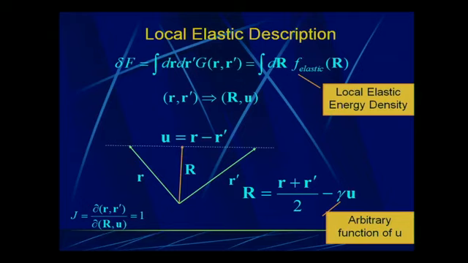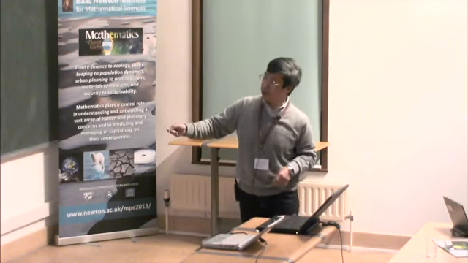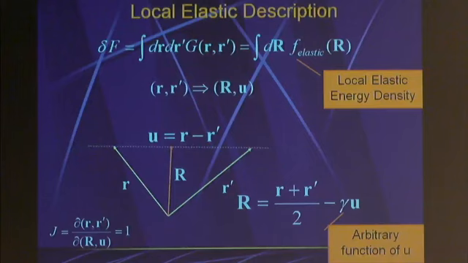R is somewhere in between, divided between these 2 points. And when gamma equals 0, this is just the middle of 2 points. And by changing gamma, we can change from this side to that side. And in fact, in many papers, people actually took different choices for gamma, some without any good reason.